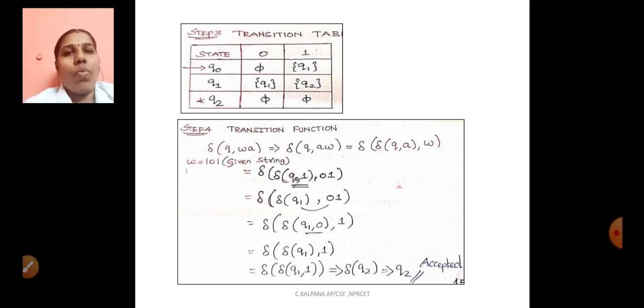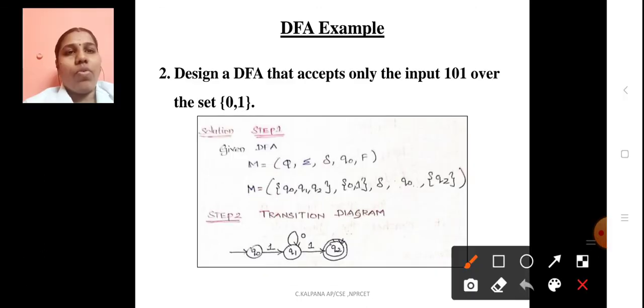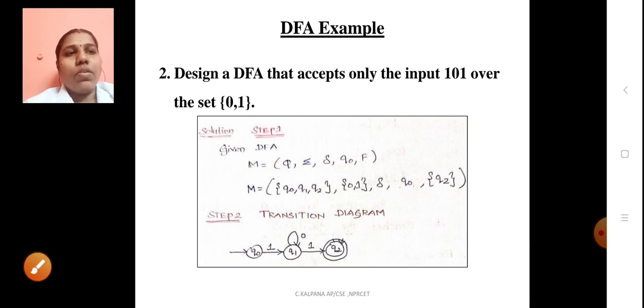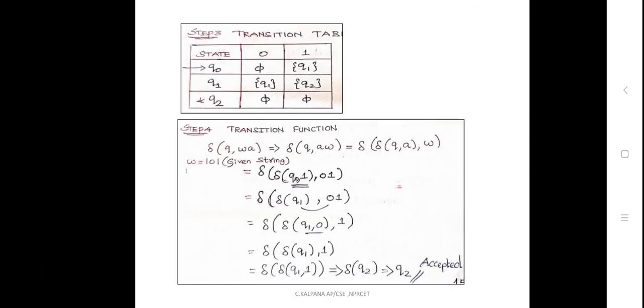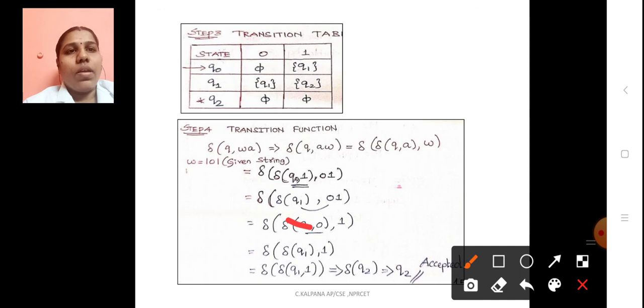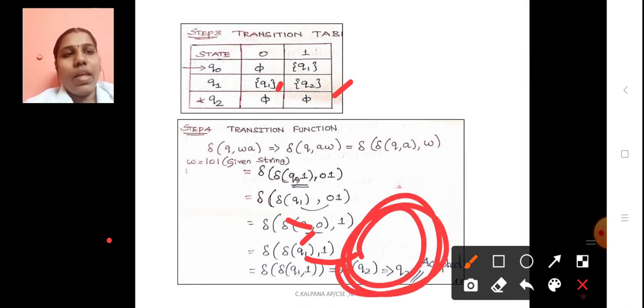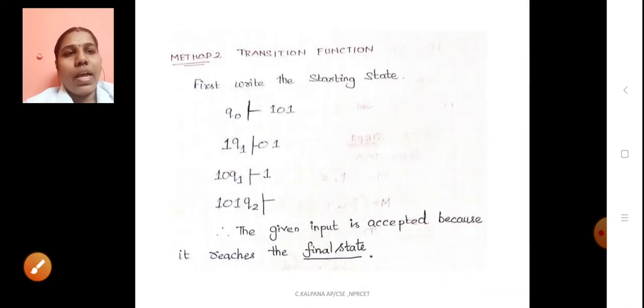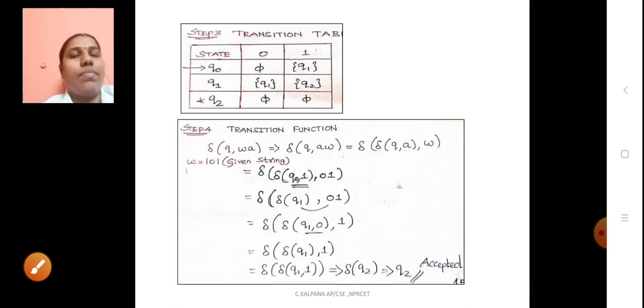We have to find out q0 comma 1 moves to q1. So we have to represent q1, and q1 comma 0 moves to q1. Then q1 comma 1 moves to q2. If the input reaches the final state, the given input is accepted, or else rejected.